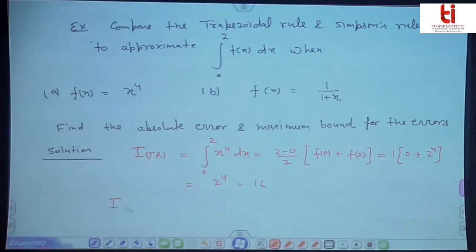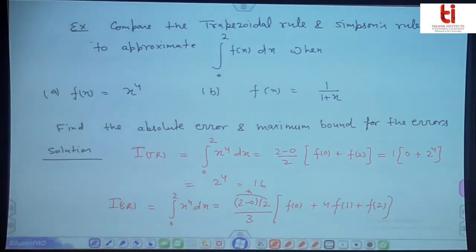Now Simpson 1/3 rule. Integration by Simpson 1/3 rule, 0 to 2 of x^4 dx equals h upon 3, where h is (b minus a) upon 2, that is (2 minus 0) upon 2. Then f of 0 plus 4 times f of the midpoint (0 plus 2) upon 2, that is f of 1, plus f of 2.